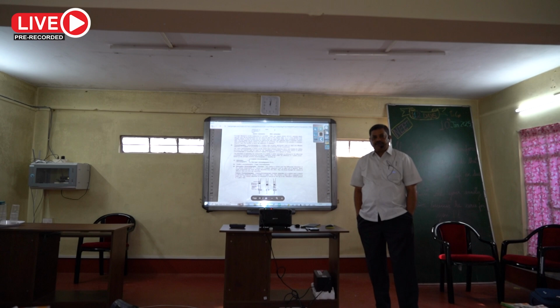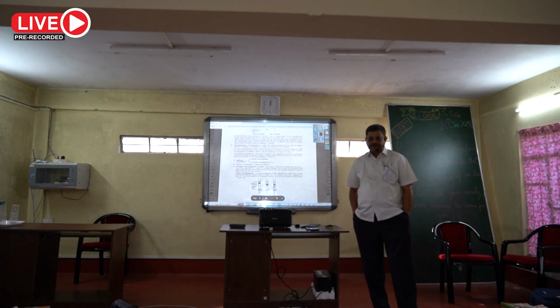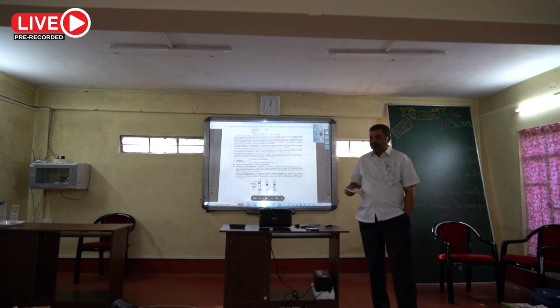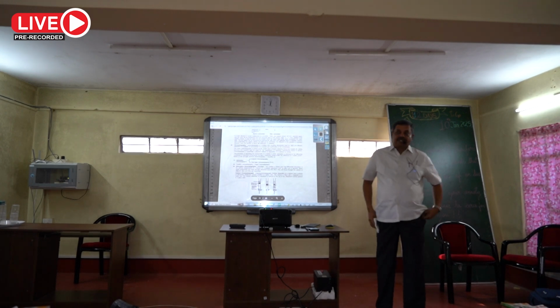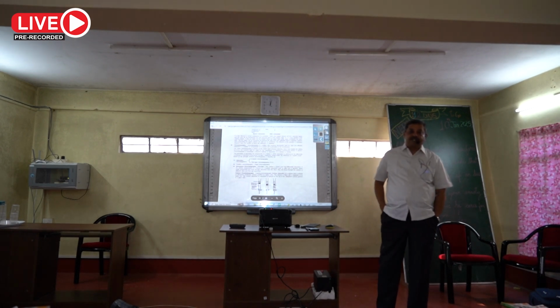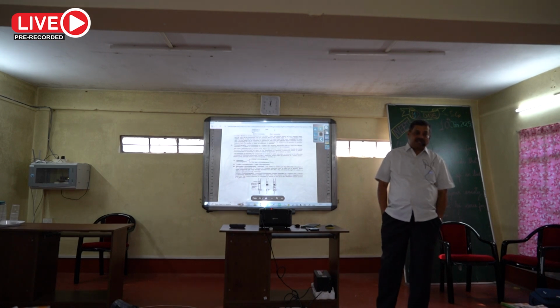Next point: the technique of adsorbing different components of a mixture on a suitable adsorbent. The technique of adsorption, not absorption, A-D-S-O-R.